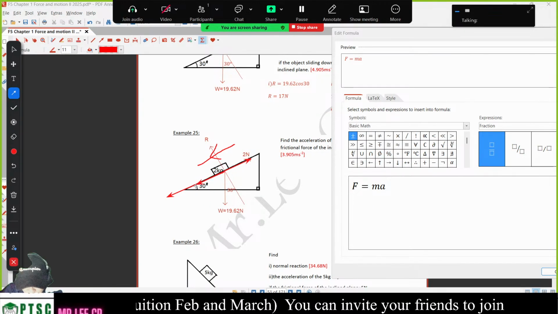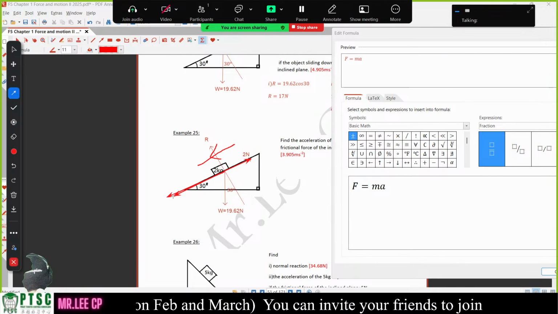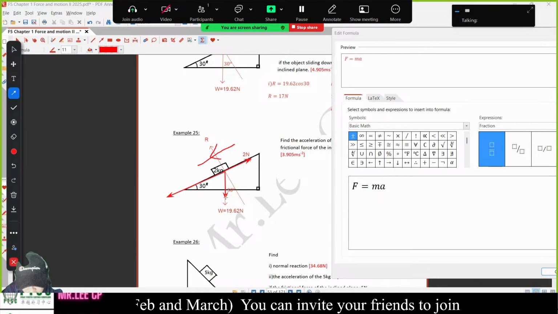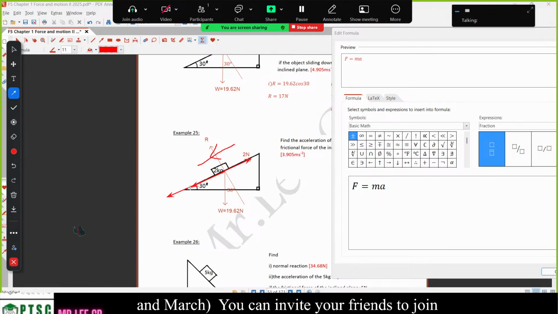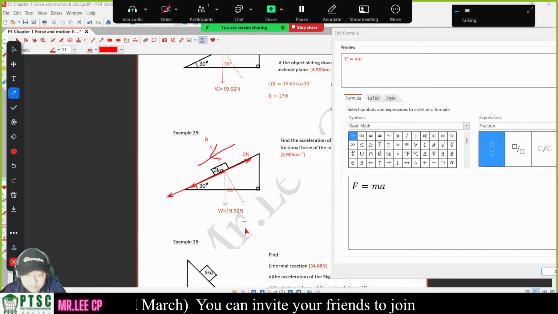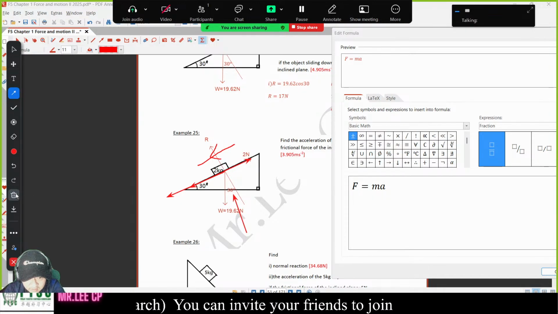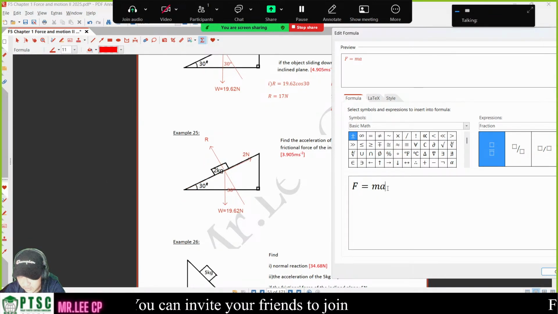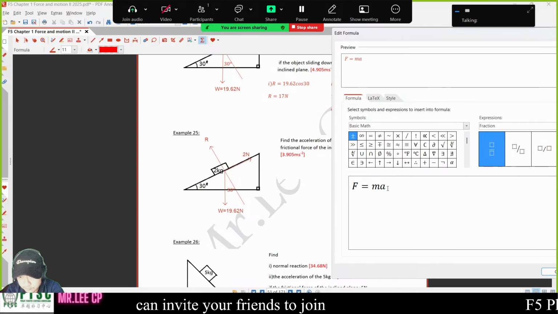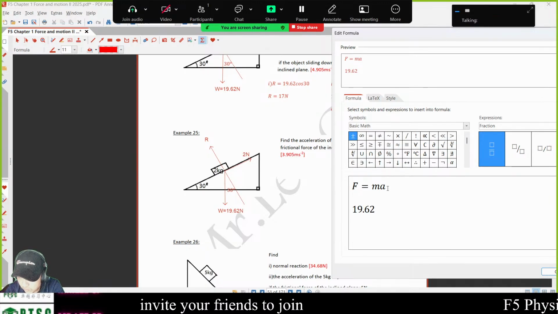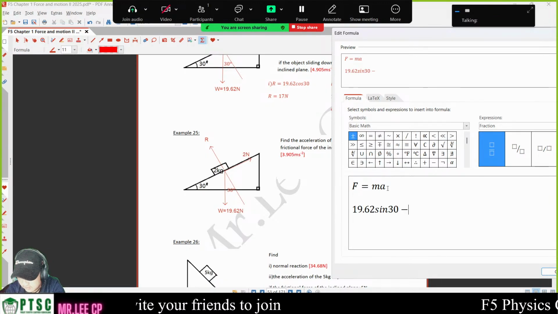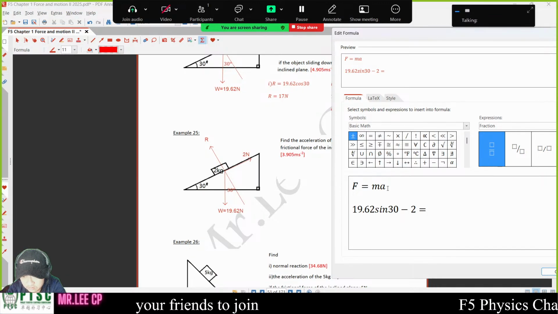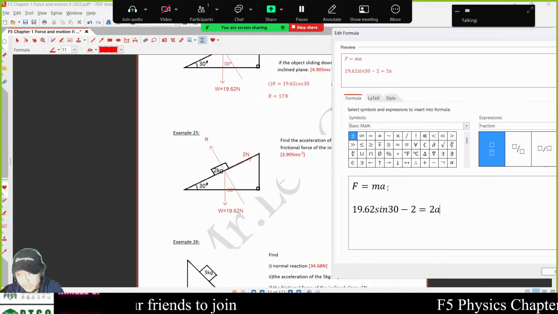19.62 cos or sine 30? 19.62 touch 30 or not touching 30? Not touching 30, right? Not touching, I use sine. 19.62 sine 30 minus 2 is equal to MA, 2A.